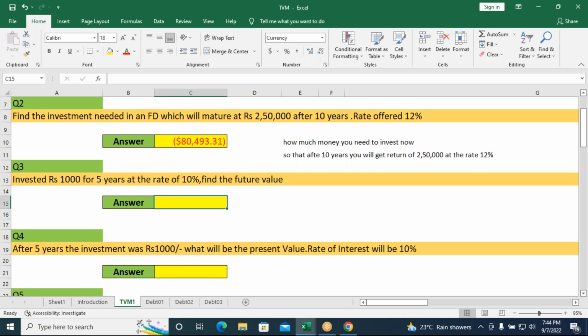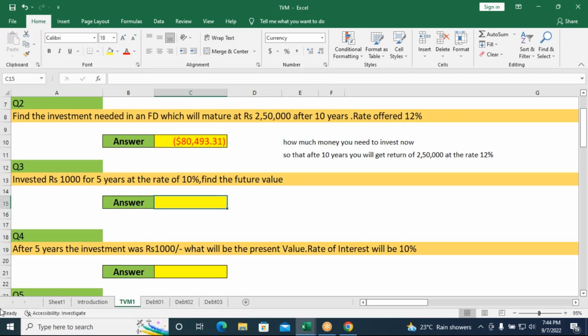Shall I try it out? Yes, ma'am. Or if others are trying, I will wait. Shall I do it and show? Yes, ma'am. You will see whether what she is telling is the right answer. Equal to. So now what should I find?